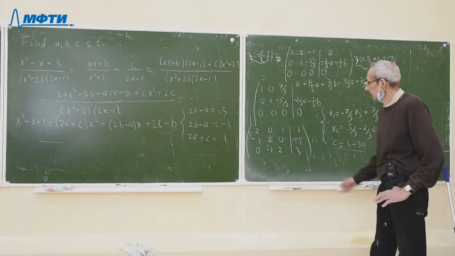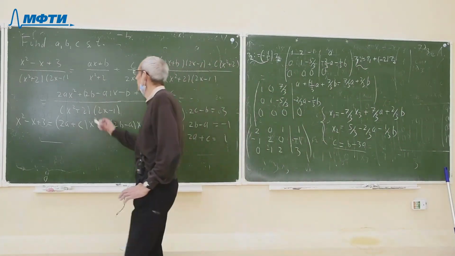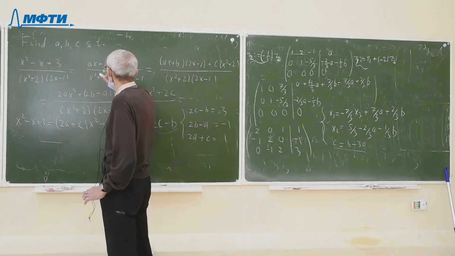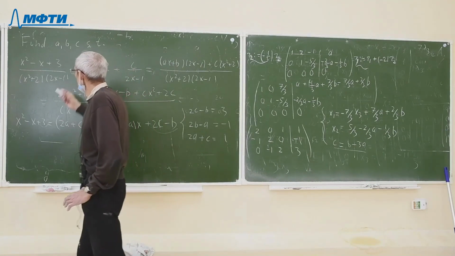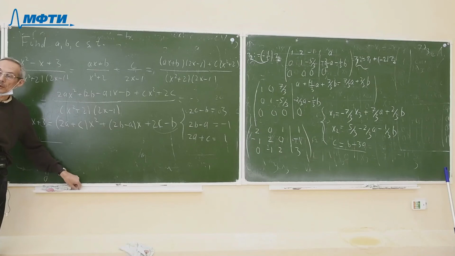And to solve this system, we find the values of the parameters a, b, and c, and obtain the equality and rewrite the left side in this simpler form.